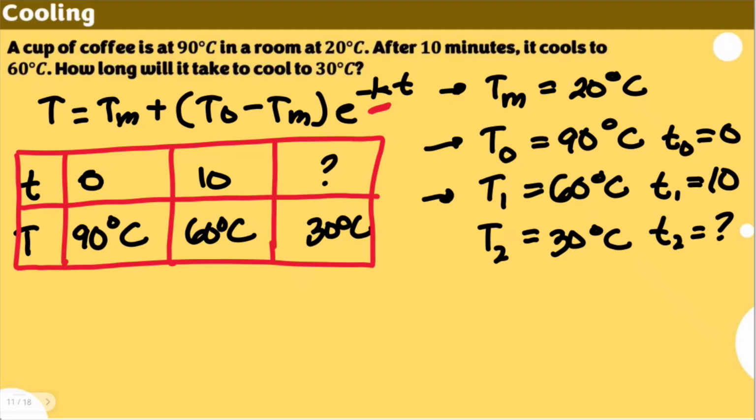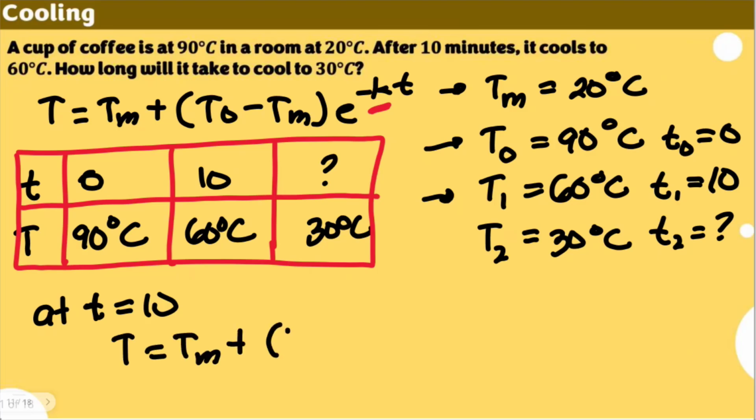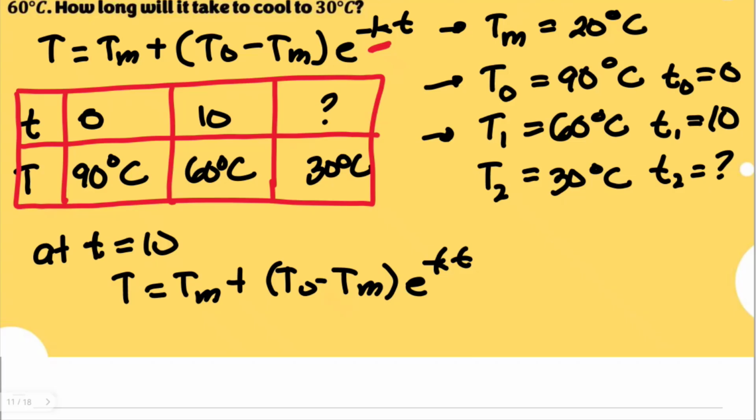So again, let's use the given first. For time at 10 minutes, t is equal to 10. That would mean the formula would use 10 minutes as its t here. At the same time, the temperature at 10 minutes is actually 60 degrees.